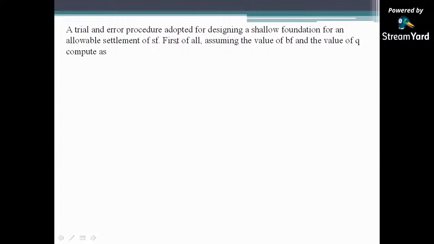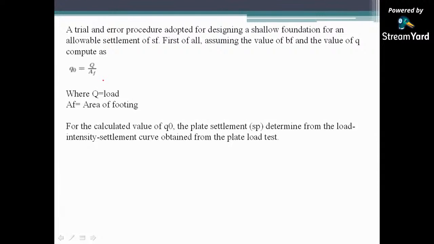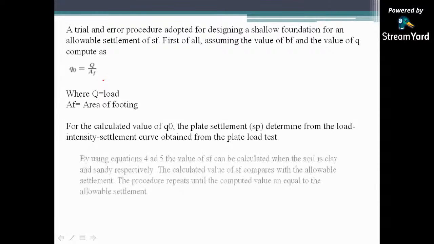The trial and error procedure is adopted for designing a shallow foundation for an allowable settlement of Sf. First of all, assume the value of Bf and the value of Q, computed as Qo equals Q upon Af, area of foundation or footing, where Q is the load and Af is the area of footing. For the calculated value of Qo, the plate settlement Sp is determined from the load intensity settlement curve obtained from the plate load test.